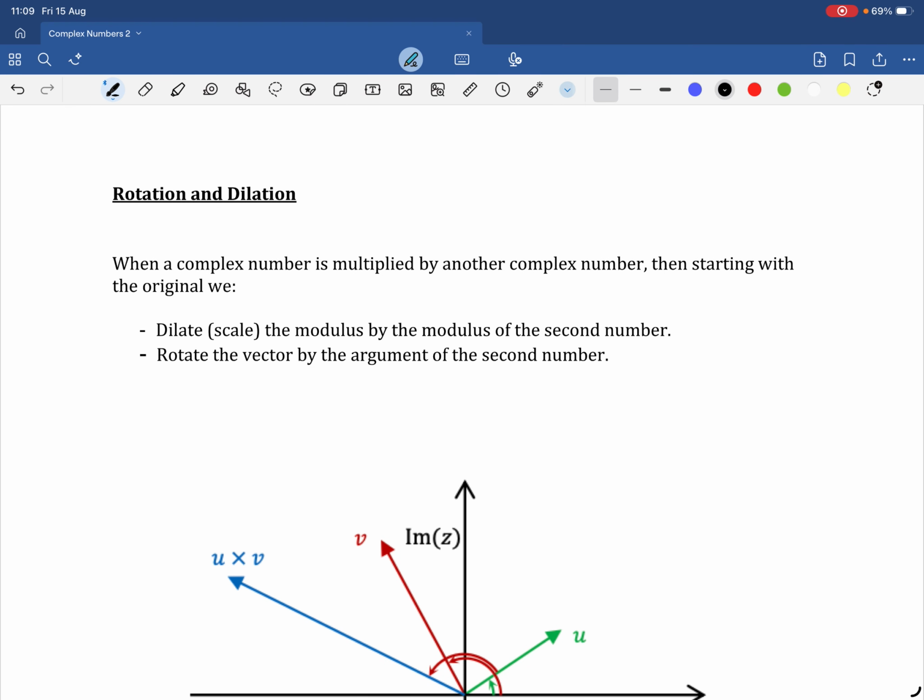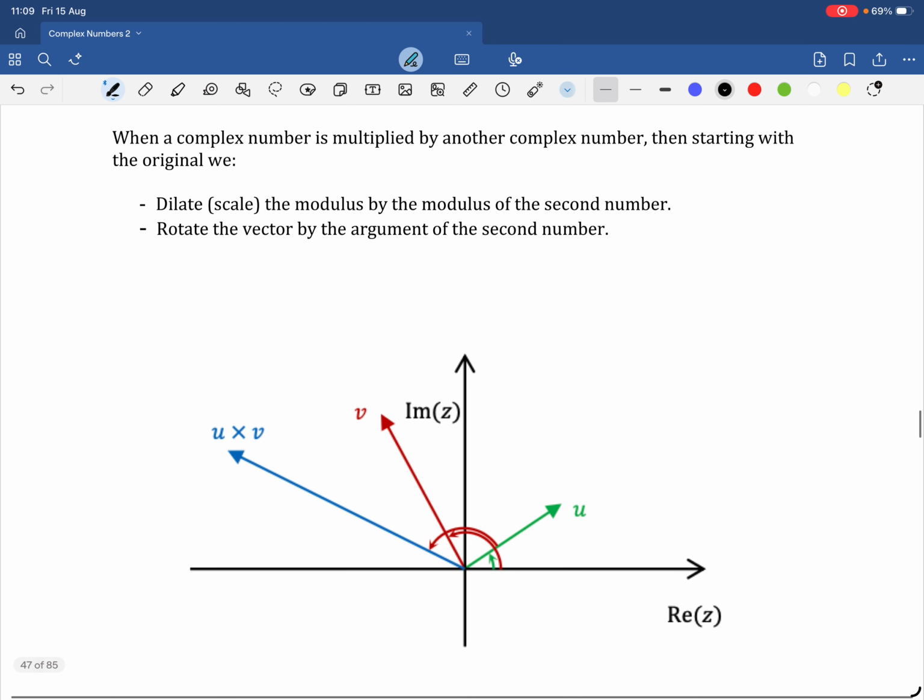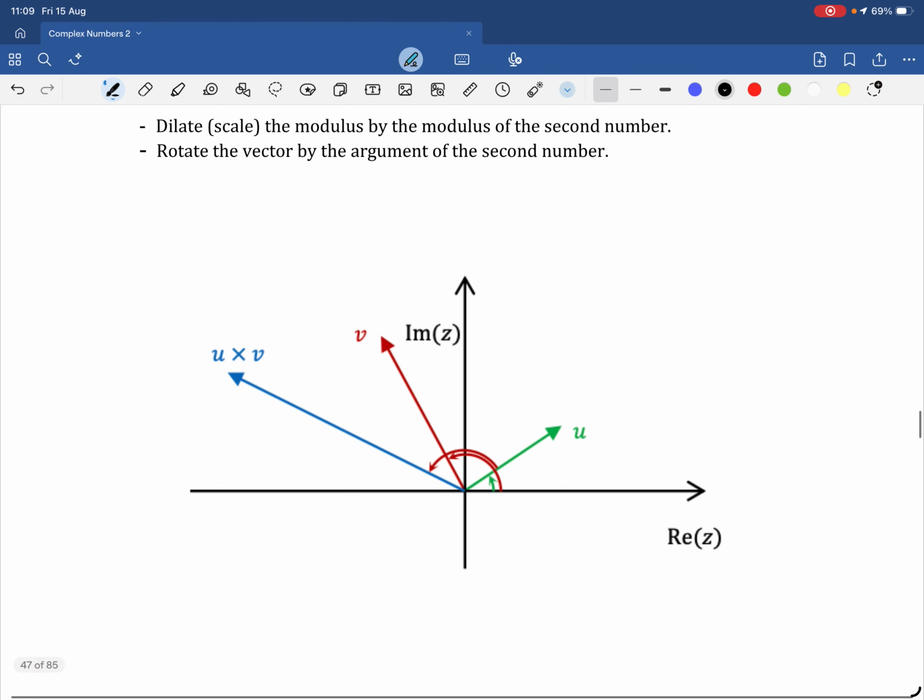When a complex number is multiplied by another complex number, then starting with the original, we dilate or scale the modulus by the modulus of the second number and rotate the vector clockwise or anti-clockwise, depending on whether the argument is positive or negative, by the argument of the second number.